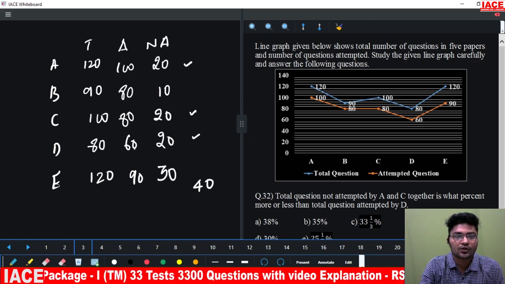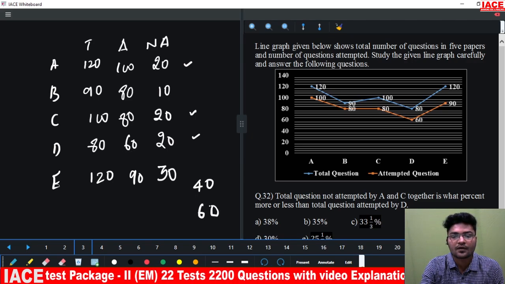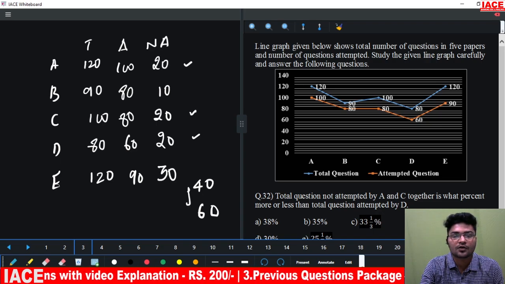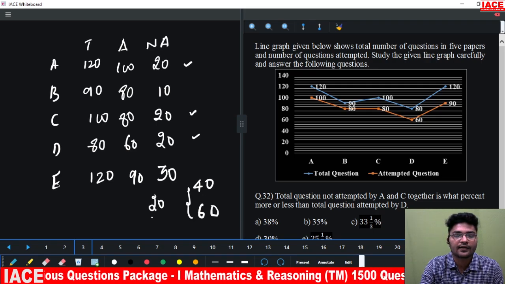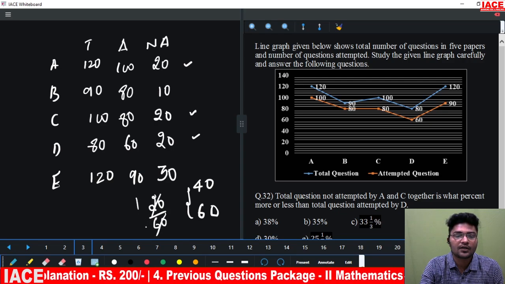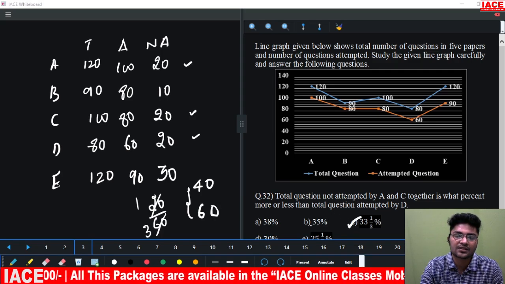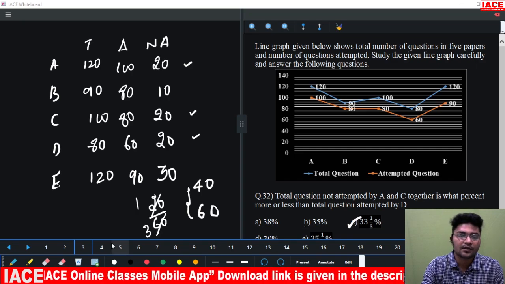D total questions attempted is 60. So this is 40 and this is 60. How much more or less? 20 less divided by 60. 20 by 60 means 1 by 3. 1 by 3 means option C, that is 33.33, will be our correct answer.